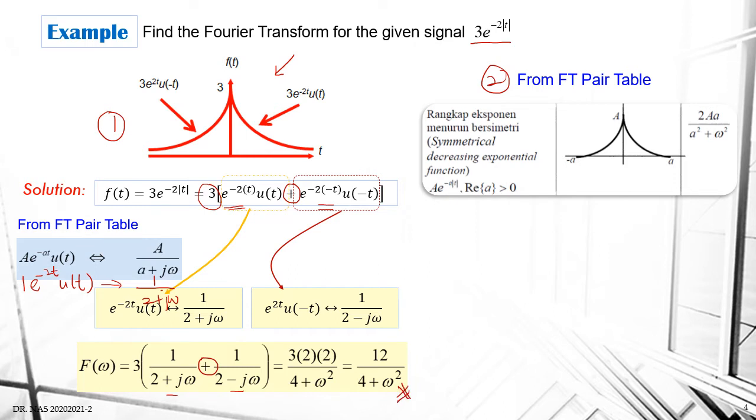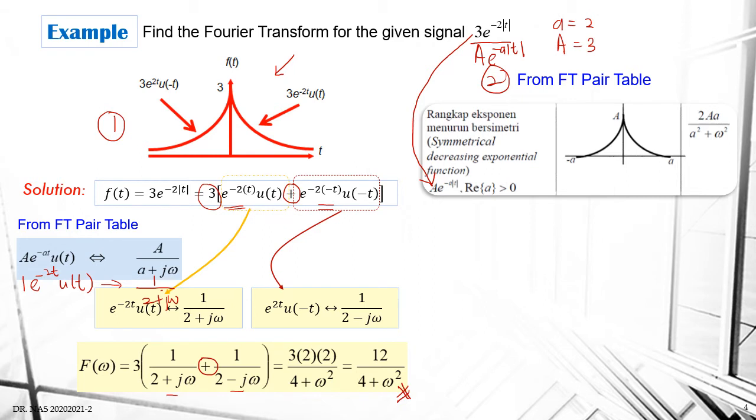If you refer to the second step, from the table you can basically have the same shape of equation. In this case, this is equal to A e^(-a|t|). You know that your small a equals 2 and your capital A equals 3.